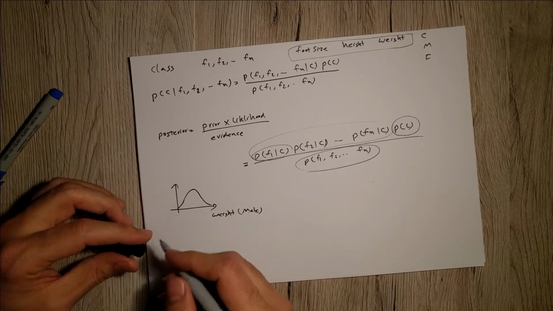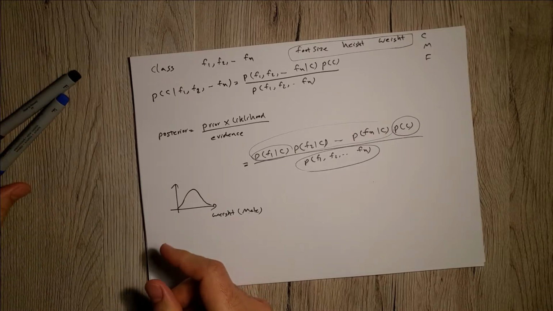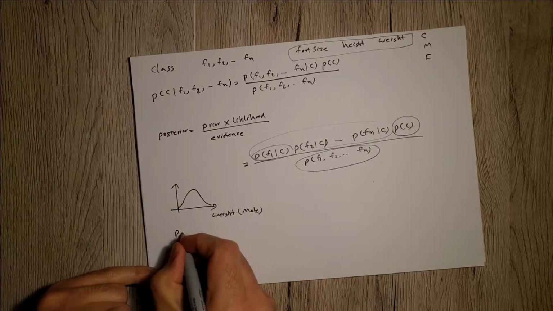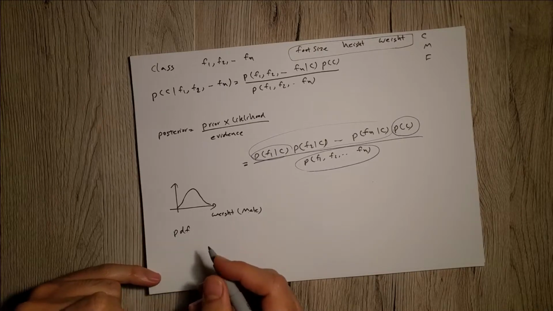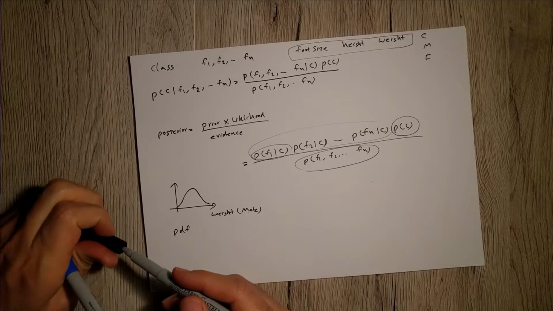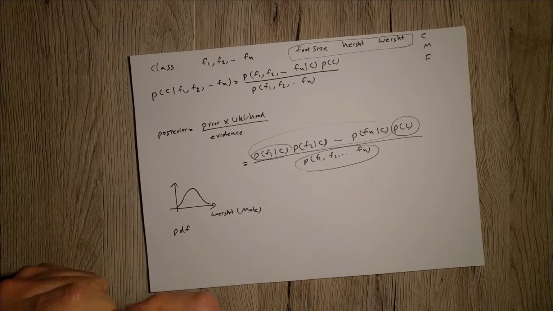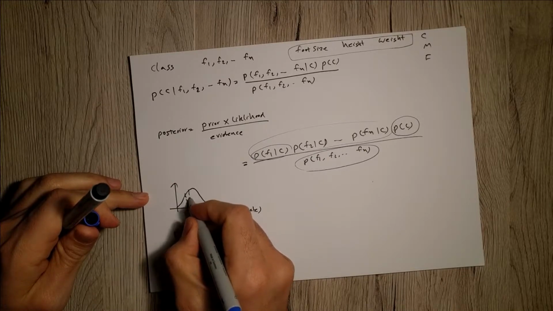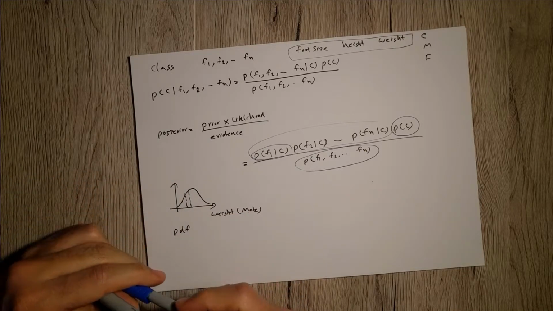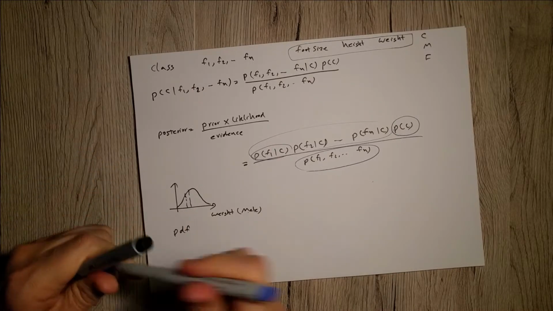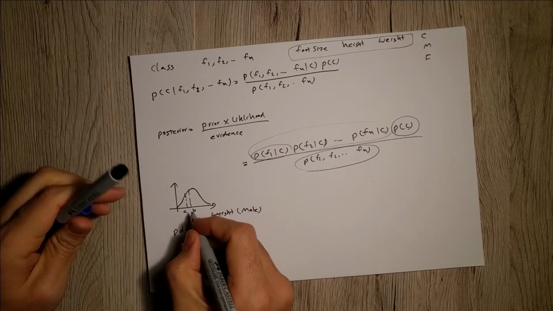Okay, and we know that this is a PDF function, and a point on a PDF function doesn't mean anything. Always the integral over a given range is the probability of that feature to be between A and B. So that's always something that makes sense.